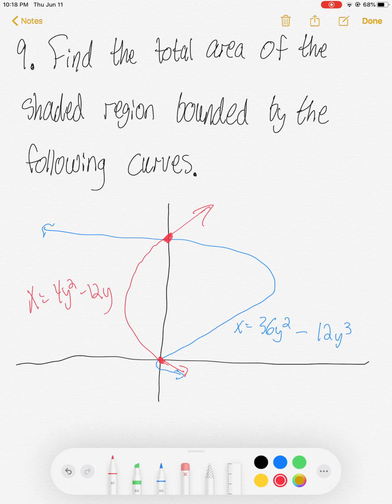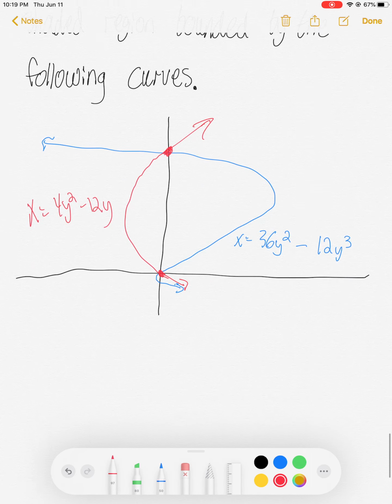Whenever we do these problems, usually we're finding area between curves of the form y equals some function of x. Here, however, we are looking at x as a function of y.